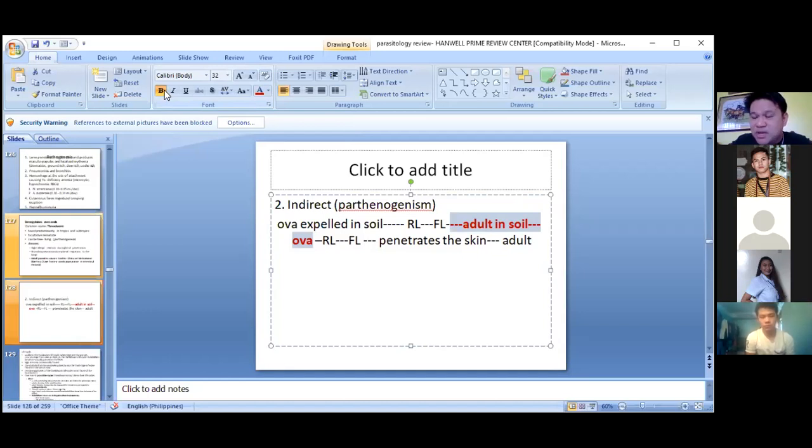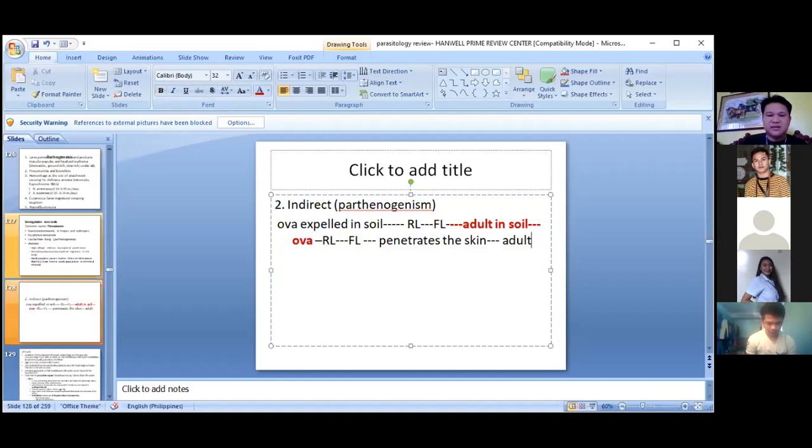The rhabditiform larva will be liberated, becoming filariform, penetrating the skin of man, and eventually will be adults that will be formed in man. Okay, so that is the indirect life cycle. Question so far? Easy, right? Okay, it's easy. So question so far? No questions.